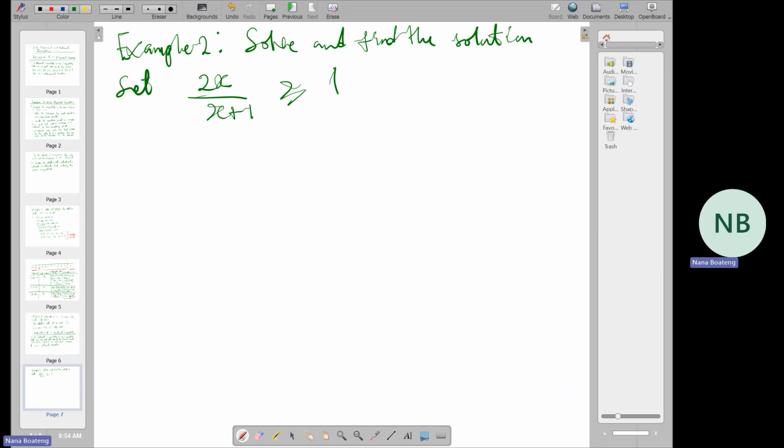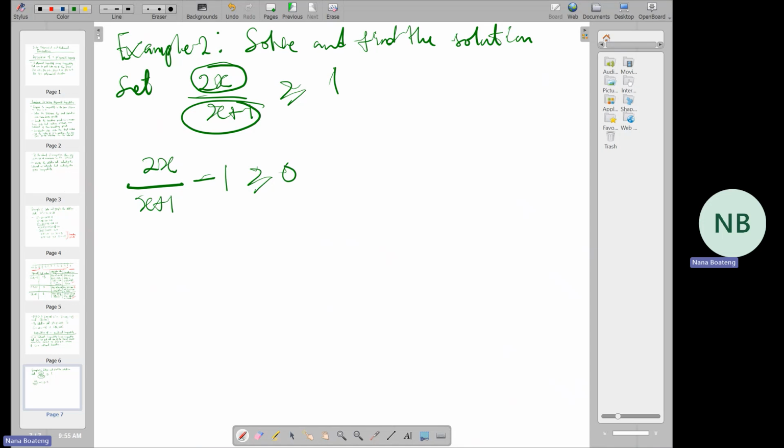So this is a rational expression because we have a term at the numerator and another term at the denominator. So to solve this, as usual, we will write it as 2x divided by x plus 1, subtract 1 on both sides, so minus 1, is greater than or equal to 0.